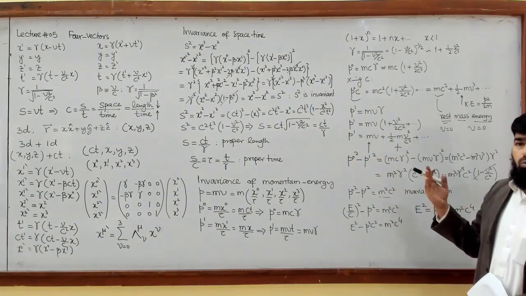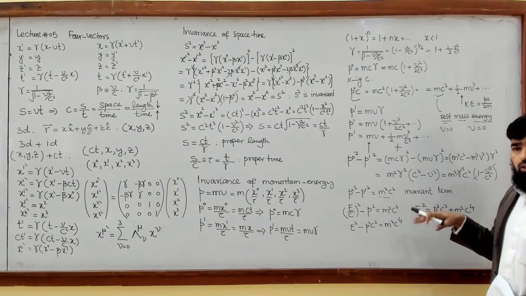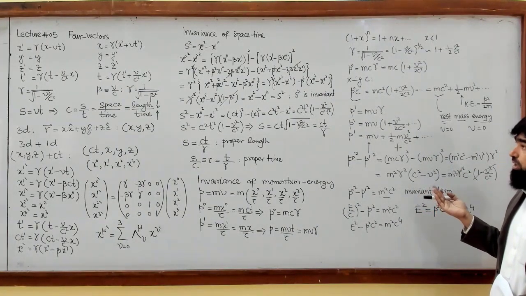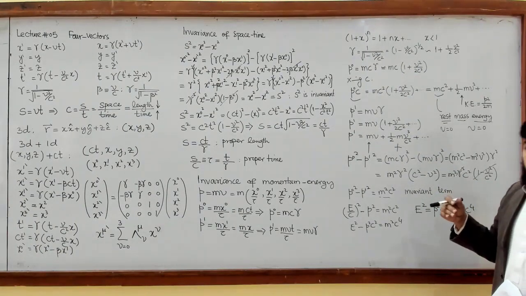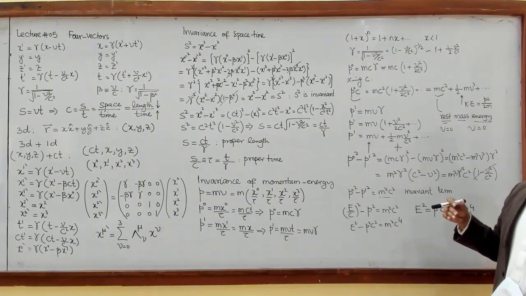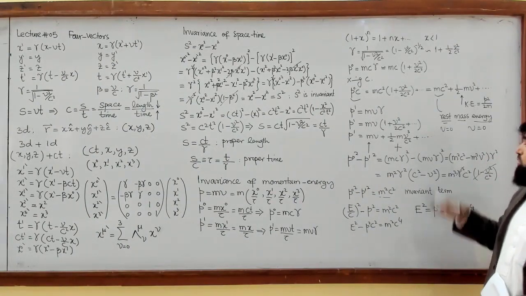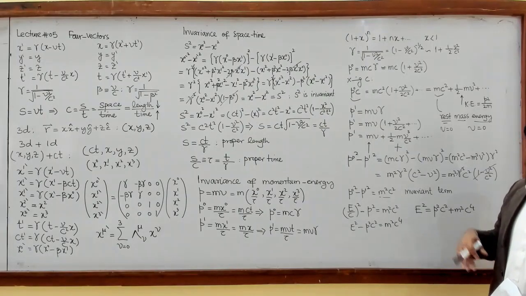We will also cover the covariance and contravariance terms. We will also cover the relativistic electrodynamics, what shape the Maxwell equation will get, because now the situation is completely different. It is not speed dependent. Space and time are not separate from one another.